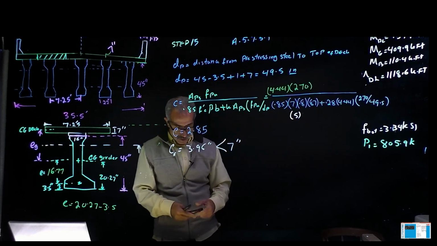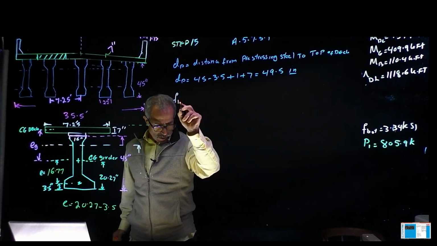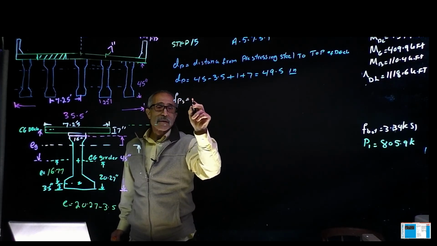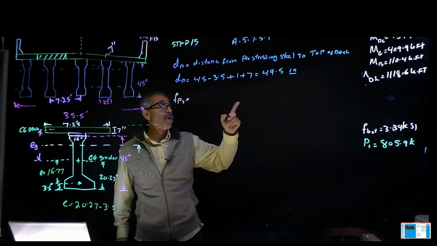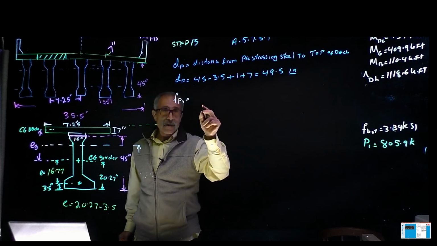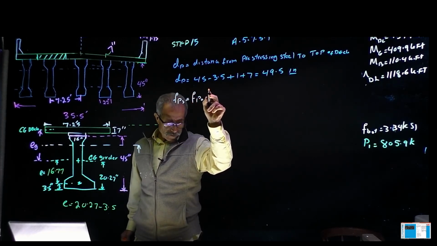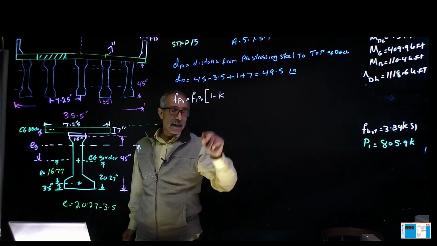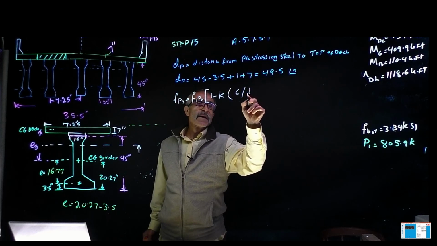So therefore, f_ps, according to the equation from AASHTO 5.7.3.1, is f_pu times 1 minus k times c divided by d_p.